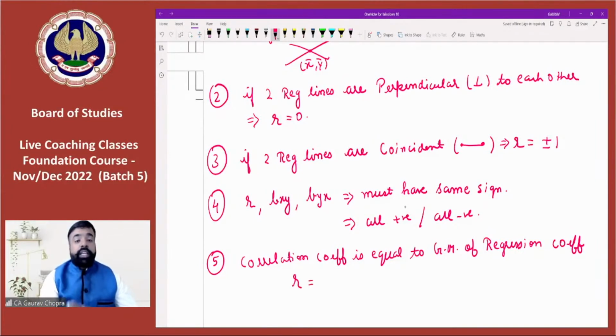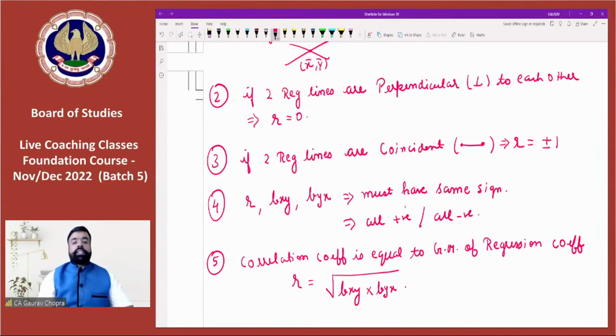This means that we can write r is equal to the square root of bxy multiplied by byx.